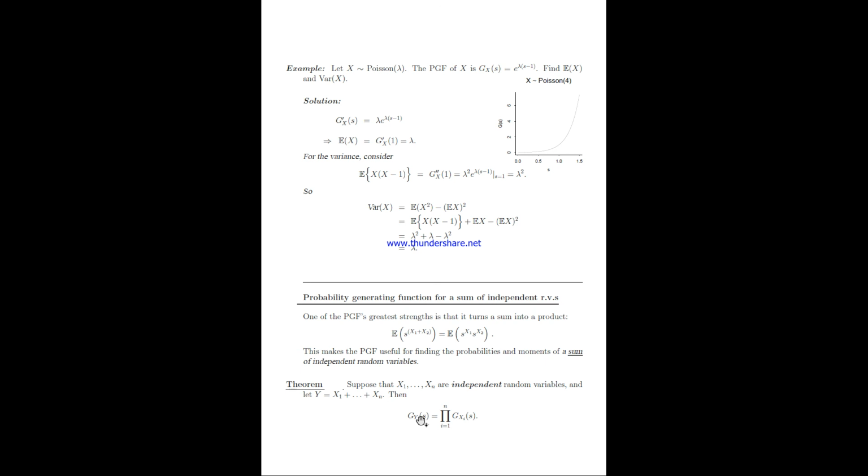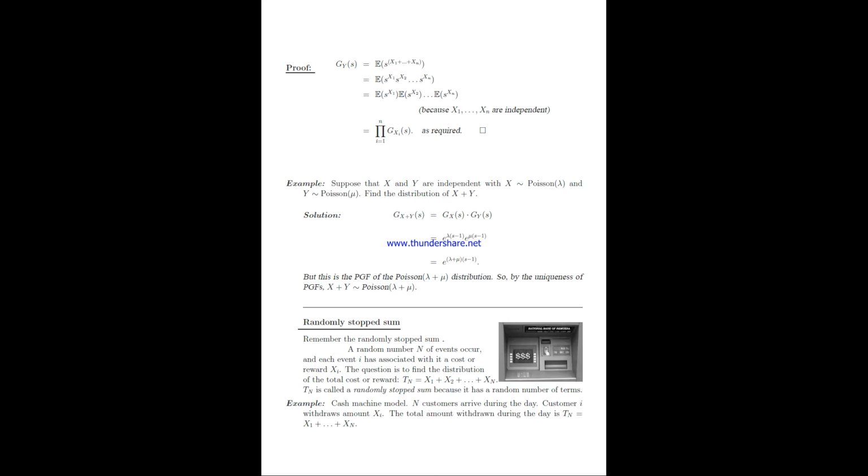In other words, you have to individually find the probability generating function of each of these x random variables and take the multiplication, which will give you the probability generating function of the random variable y. So you can replace the summation by the product when it comes to probability generating functions.